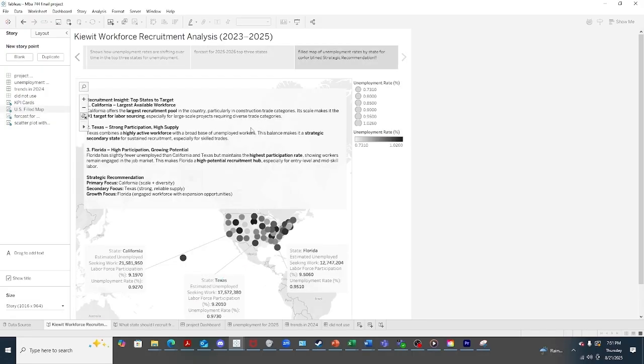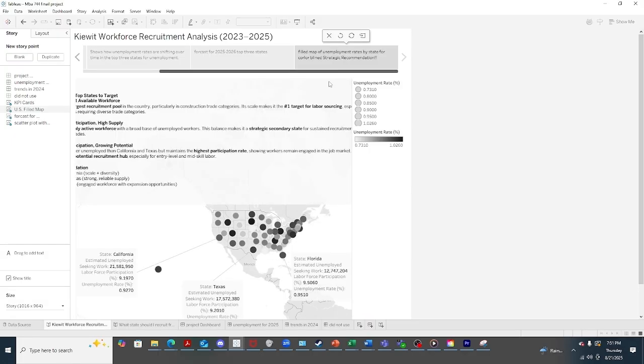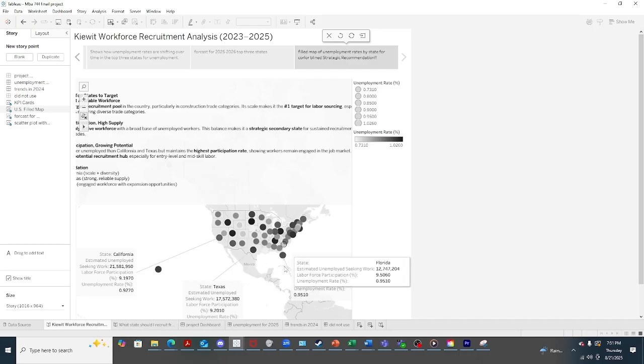And if you read my report, I do go over how Texas is actually in their top 3. So this is also making a recommendation that they continue to use Texas, but that they also include California and Florida within the recruitment to make it a good recruitment process.